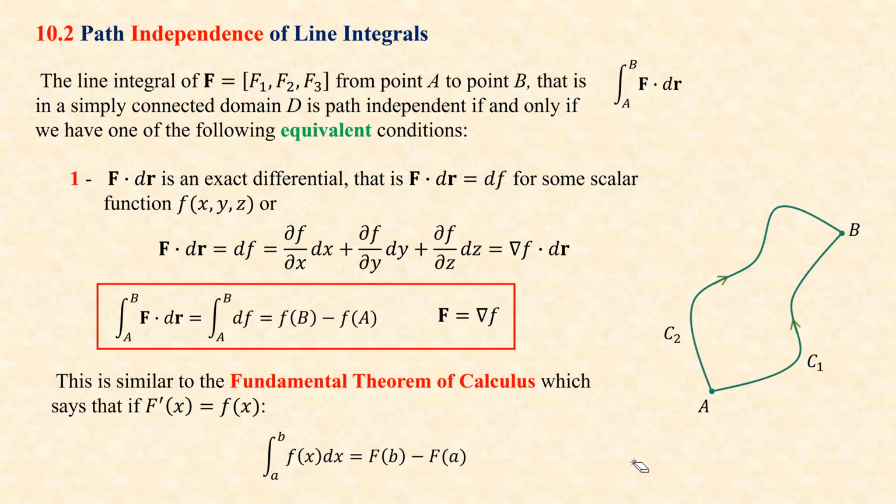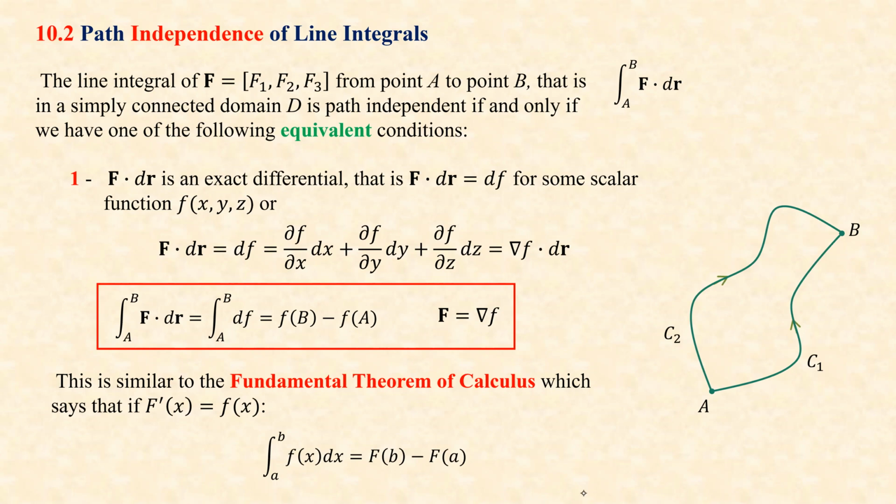Here it is the same, but you see that the role of capital and lowercase is changed. In this case, the antiderivative is the lowercase. The derivative is the capital F, which is the vector field. All right. So if the vector field is the gradient of a scalar function, then the line integral can be written as the difference, or change, of the scalar function. So you see the similarity?